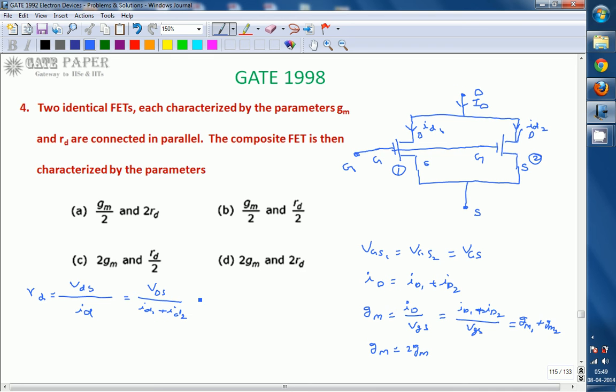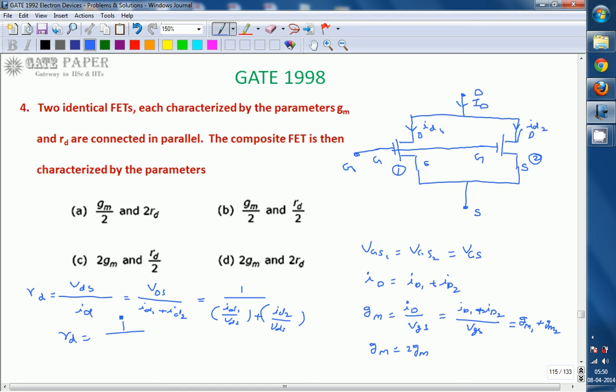So from this you can write it as 1 by ID1 divided by VDS plus ID2 divided by VDS, because VDS is the drain to source voltage, which is common for both transistors.